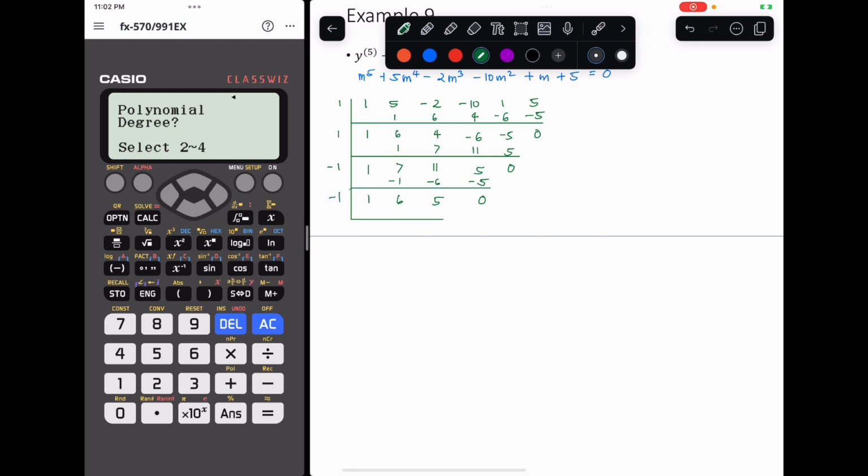And negative 1, so I'll bring down 1. Negative 1, so 6 minus 1 is 5. Negative 5, that makes it 0. And finally, positive 5 and negative 5.